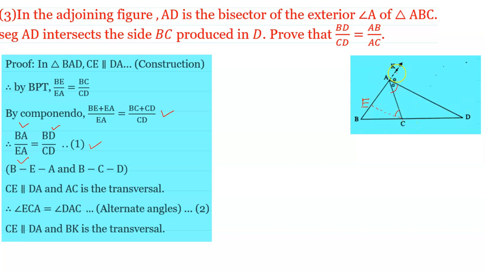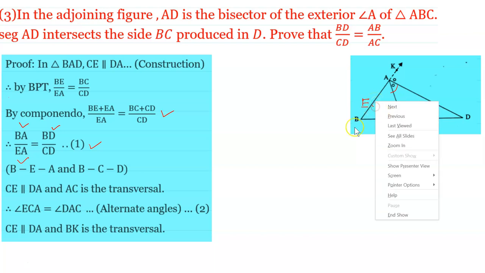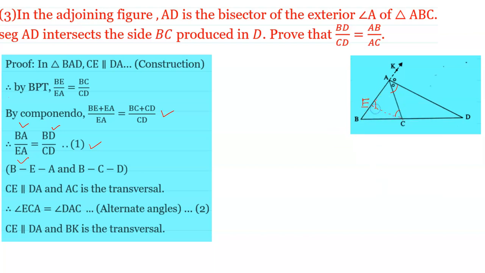As these two lines are parallel, AC is their transversal, therefore these two angles are equal. आणि हे दोन्ही angles कसे आहेत तर मग ते congruent आहे. That also, CE is parallel to DA, and BK is the transversal, and therefore these are the corresponding angles.